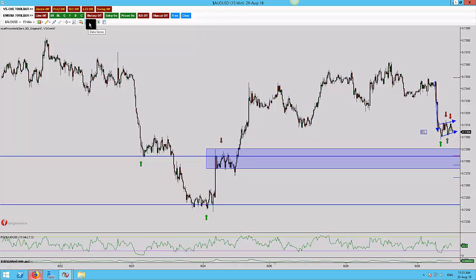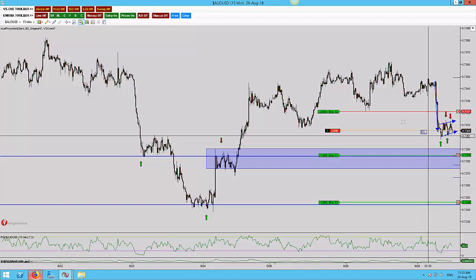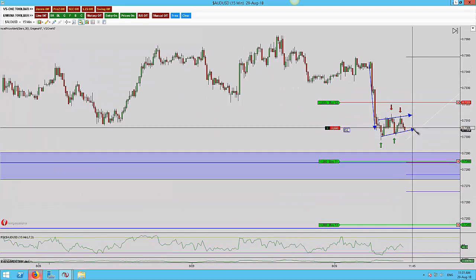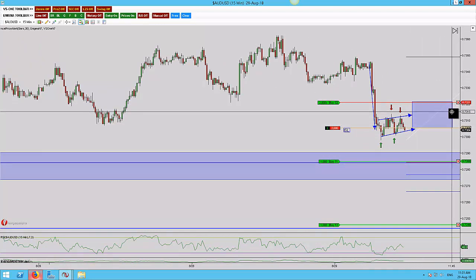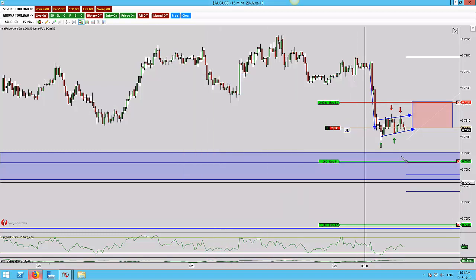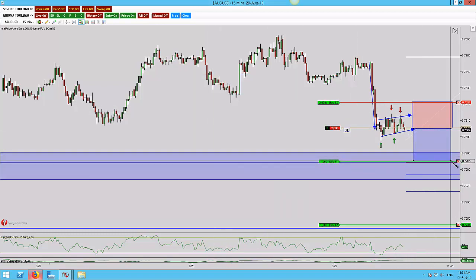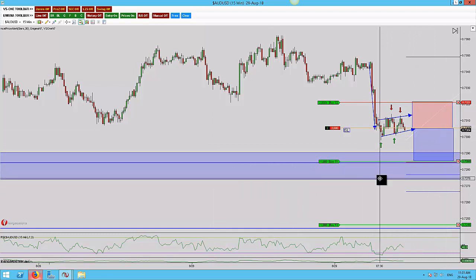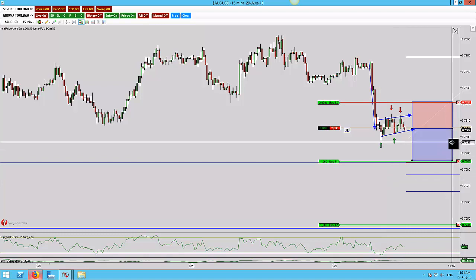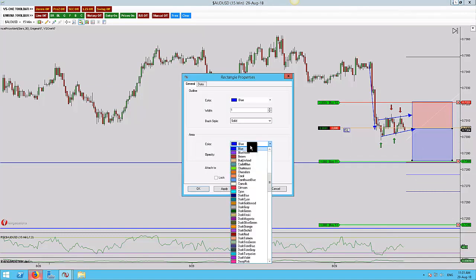And I'll just put on these targets again so that we can see them. In fact, what I want to do is just draw this out. So this is our risk. This is our reward. So you can see there we have a positive risk to reward. I like that to be green.